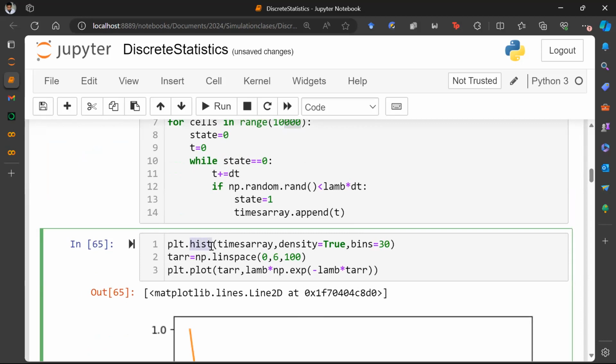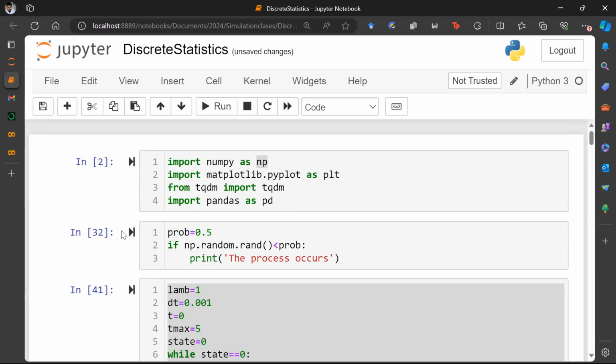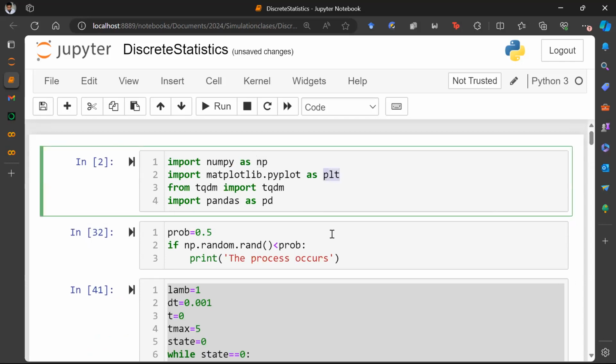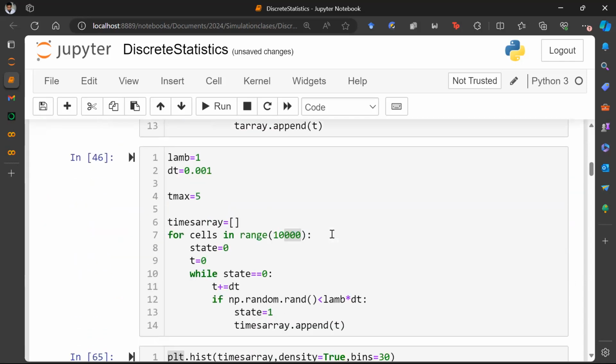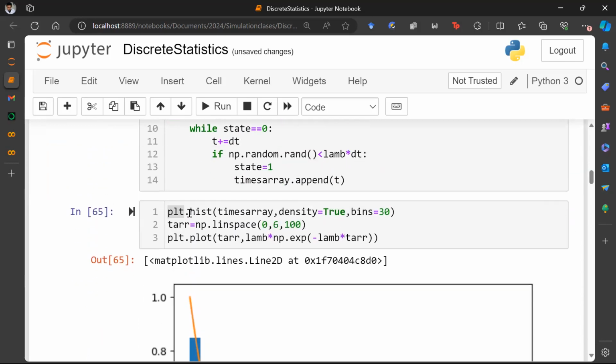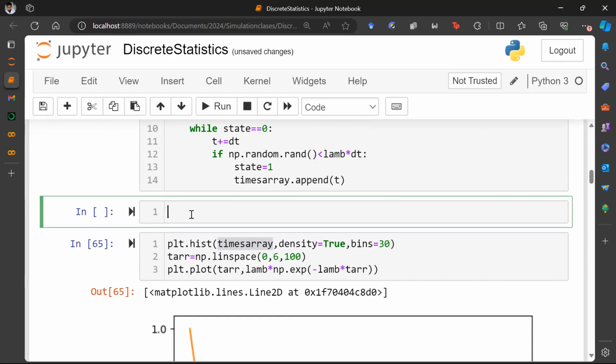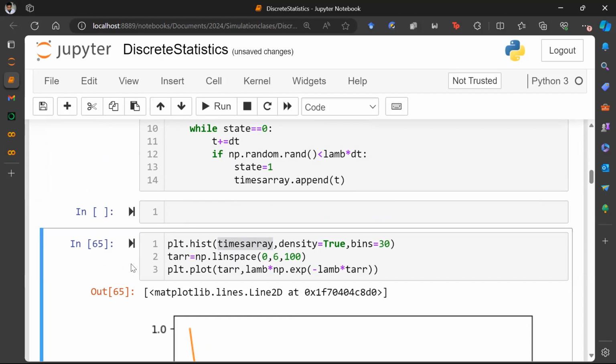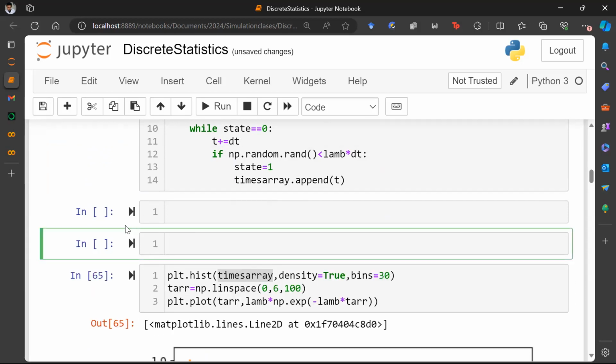And then I can plot a histogram using the function plt. Remember that plt is the matplotlib function, and the function hist gives you a histogram of my array. So I can see my array here by clicking and typing A to have a block on top.